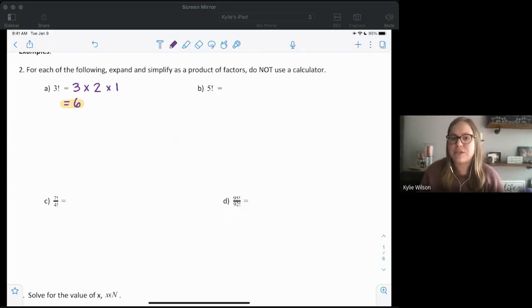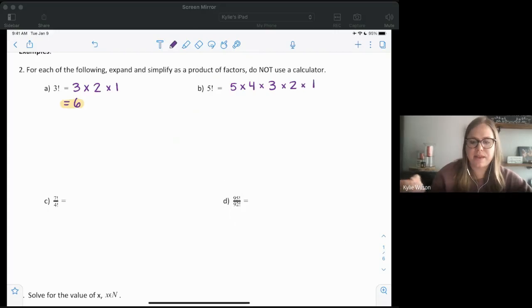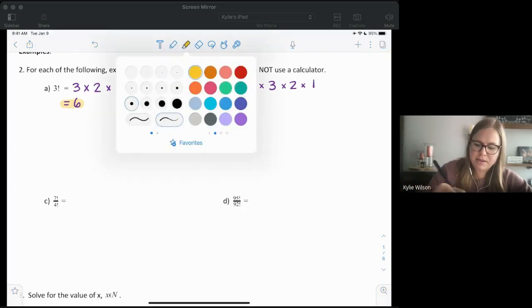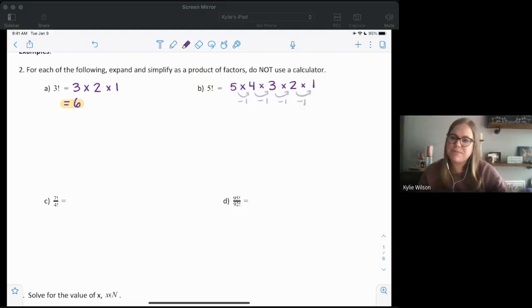Now for 5 factorial, we do the same thing. We take 5, multiply it by 4, so we subtract 1, multiply it by 3, 2, 1. Each time we write out a new number, we're just subtracting 1.